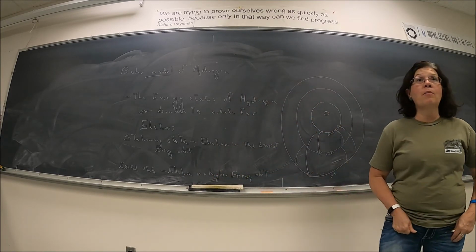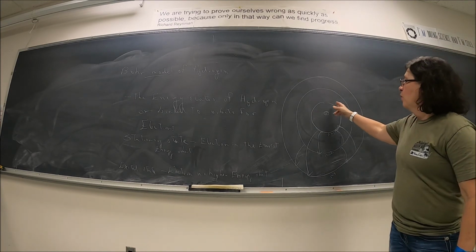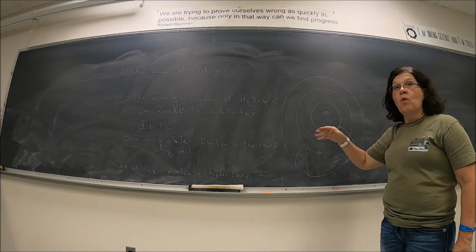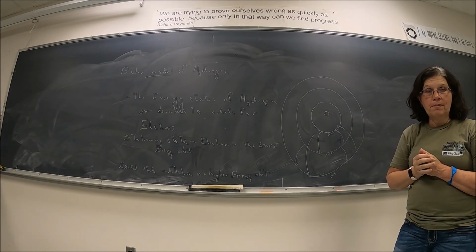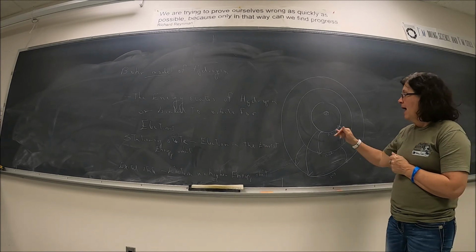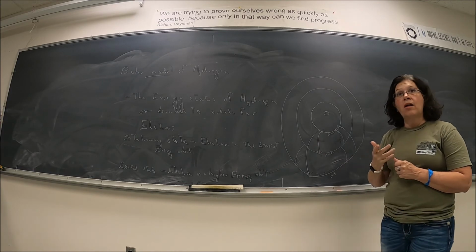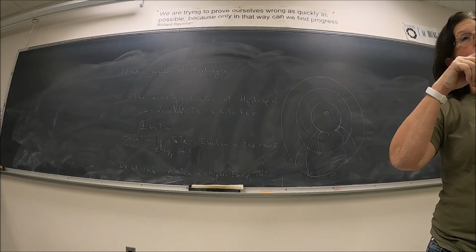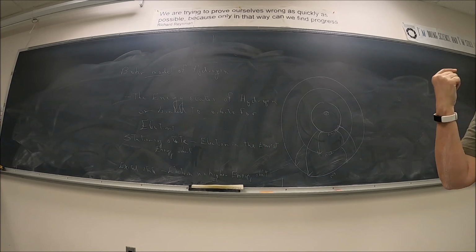Now, there are a couple of things that Bohr said that were a little iffy. One, he said that when an electron was in a specific orbit, it didn't radiate energy, and that it can make these precise jumps, but it really bothers people. In classical physics, when a particle follows a circular pathway like this, it radiates energy.